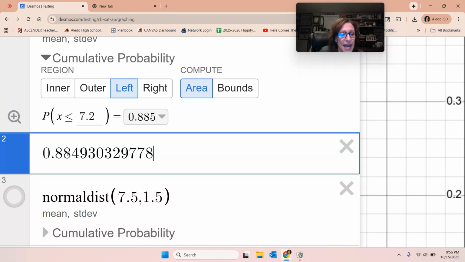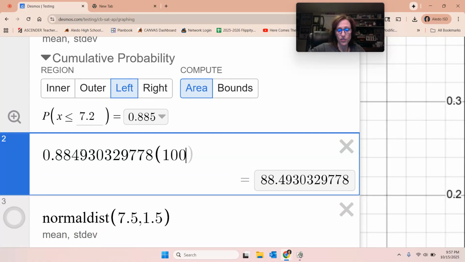So it's 0.8849, which is why it shows 0.885, because it rounded it. So if you multiply that by 100, you have 88.49%. So you're in the 88th percentile, okay? But I'm hoping you don't need to be multiplying by 100 all the time.